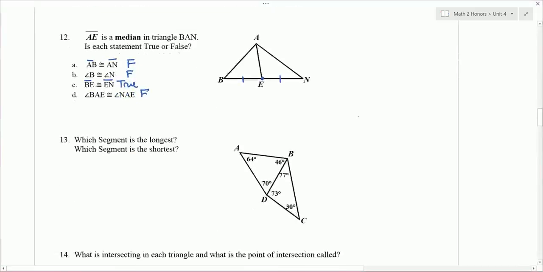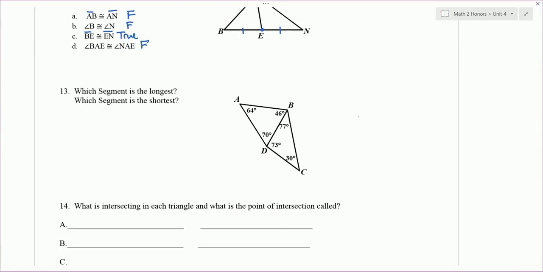Number 13. Which segment is the longest? Which segment is the shortest? So we have two triangles that we need to compare. Let's go with the longest segment first, okay?